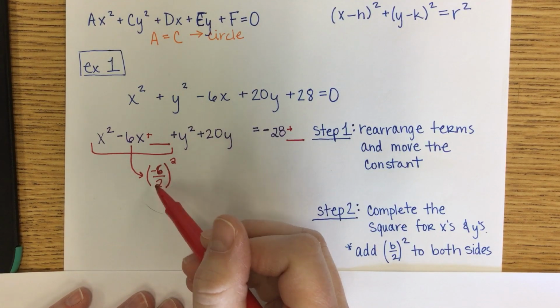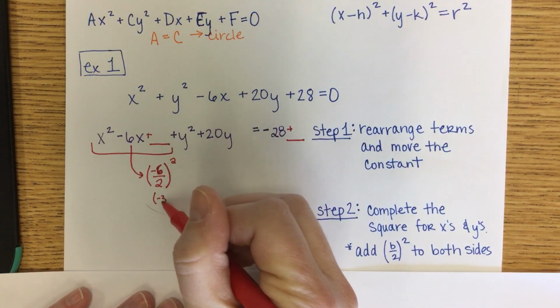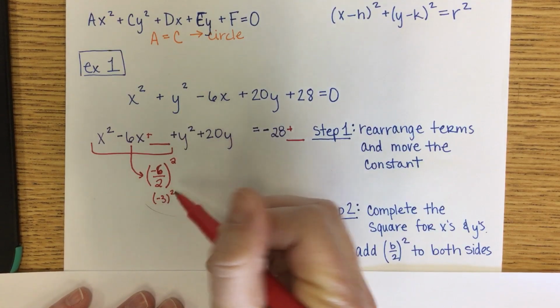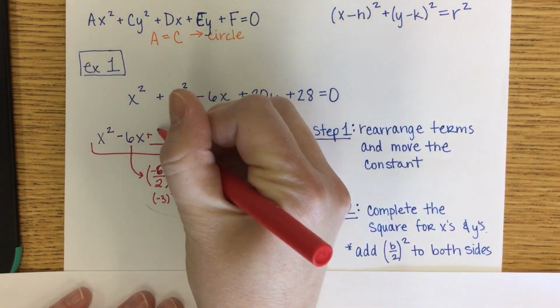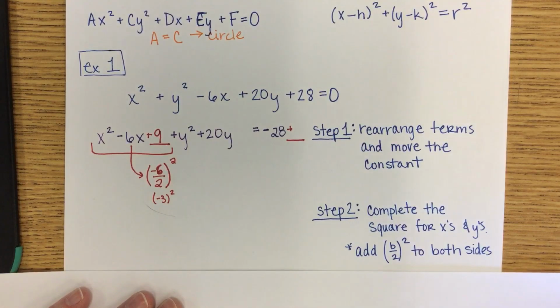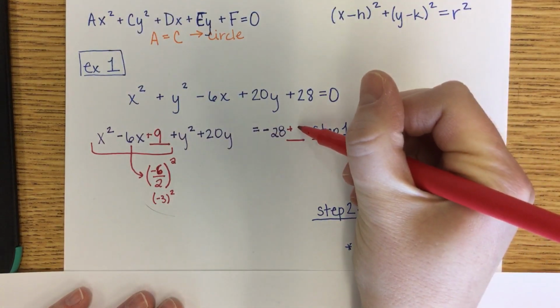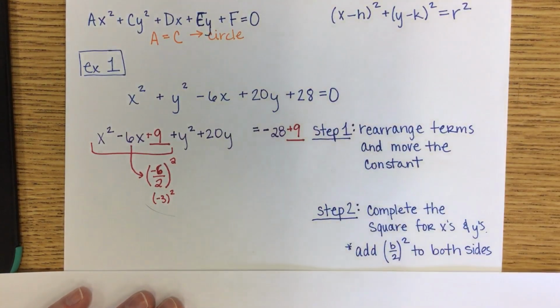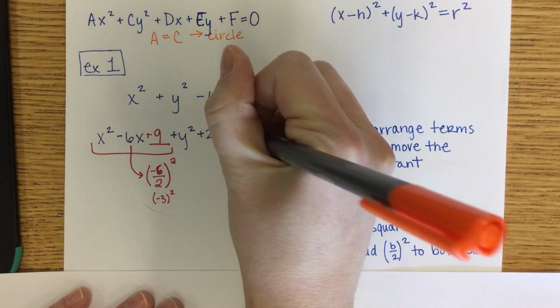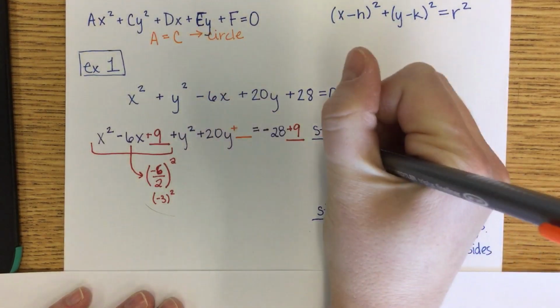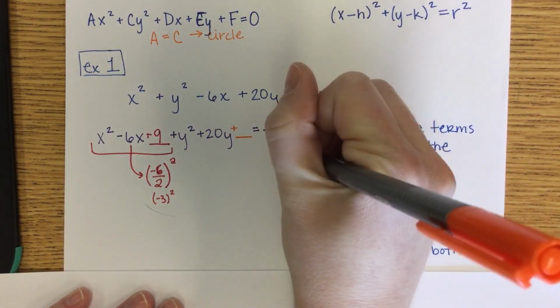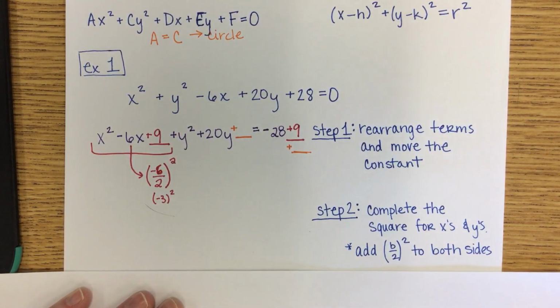So negative 6 divided by 2 is negative 3. A negative squared is going to be positive, so we know that's going to be a positive 9. But I need to maintain my balance, so if I add 9 to the left, I have to add 9 to the right. Now, the next one I'm going to do is deal with just my y's. So again, whatever I add to the left side, I have to add to the right side.